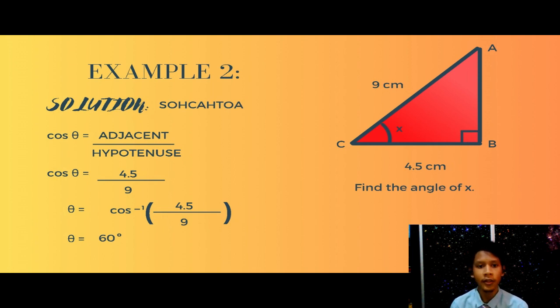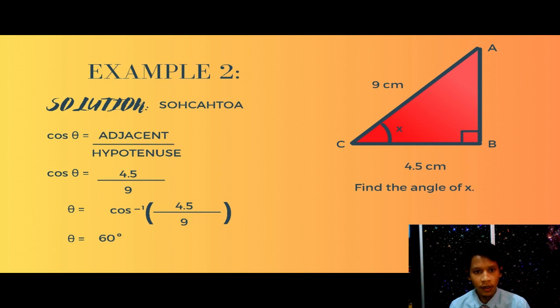Okay, in this question, they are given a right angle triangle. They are given two sides with the values that the hypotenuse is 9 cm, and one of the sides is 4.5 cm, and we want to find the angle x.